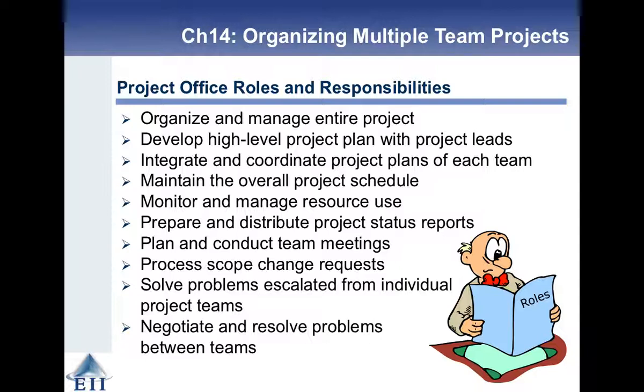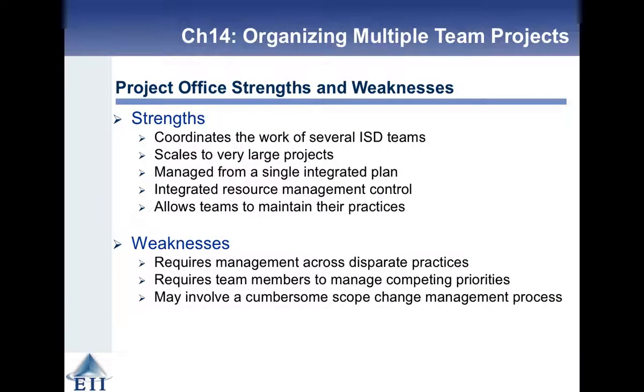It'll maintain the overall schedule. It'll monitor and manage resource usage. It'll figure out the reporting. It'll plan and conduct team meetings. It'll look at scope change requests. It'll solve problems that are escalated from the individual team projects. And it'll negotiate and resolve any issues between the teams.